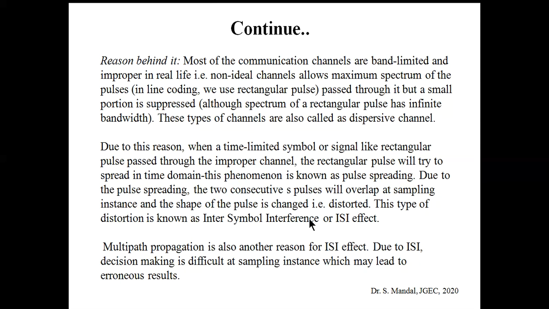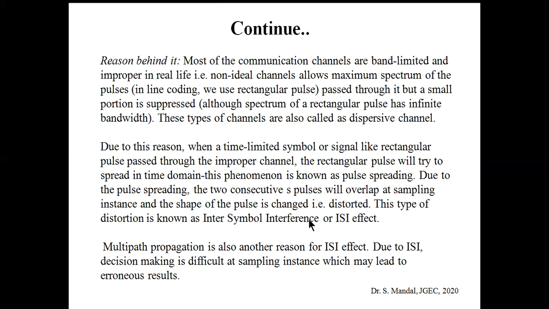Now let's see what is the reason behind it. Most of the communication channels are band limited and improper in real life, that means they are non-ideal channels. For an ideal channel, the bandwidth is infinite, that means all frequencies can pass through the corresponding channel.